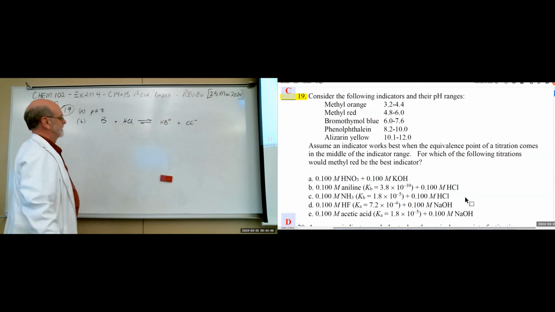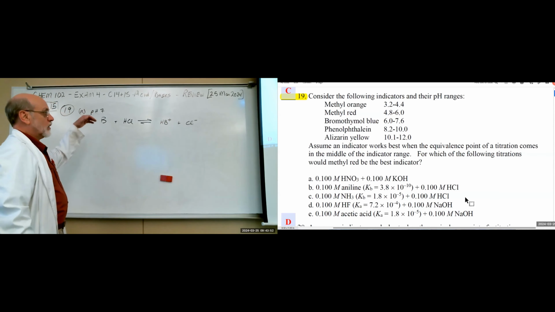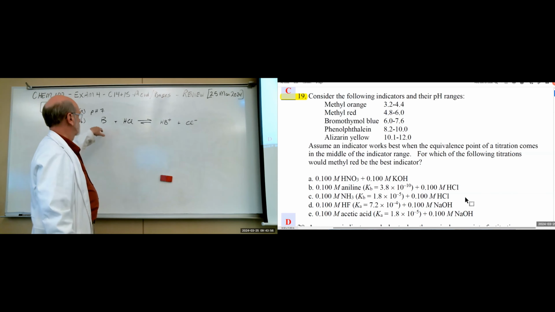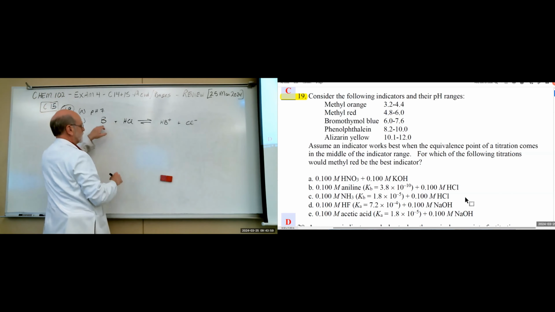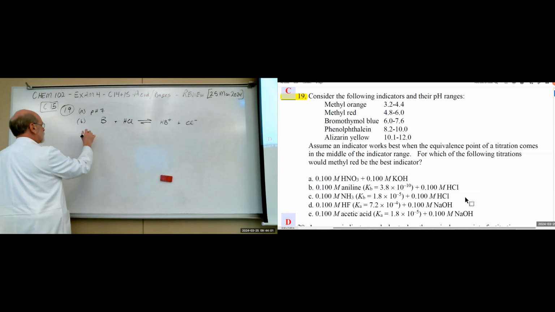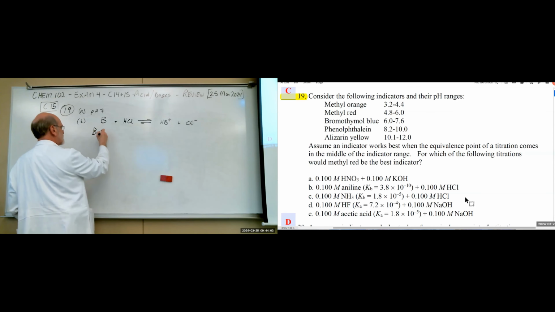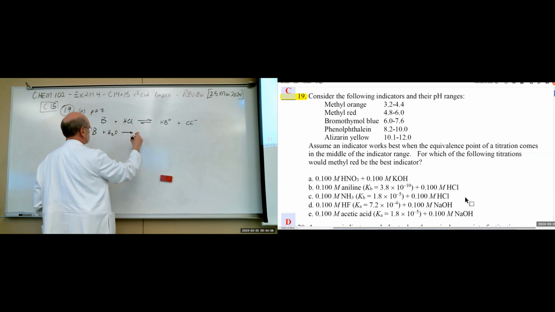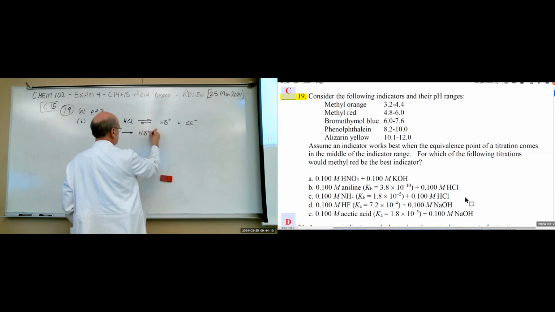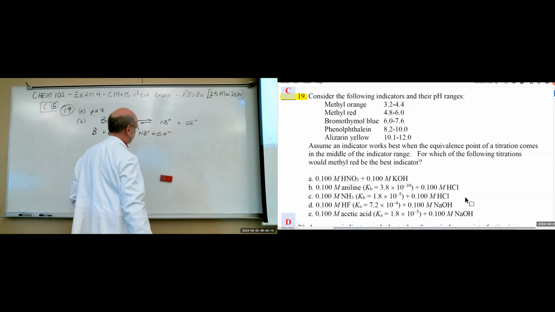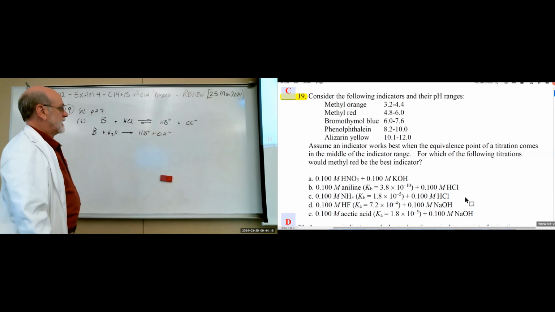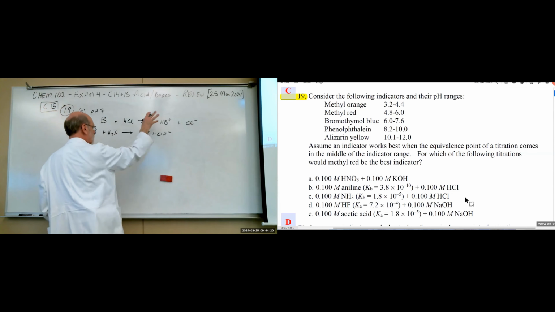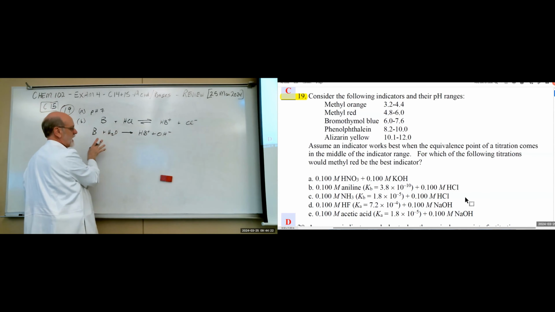Okay. So what we're looking at is the Kb for this one, which means what? Well, Kb says that B plus water yields HB plus plus OH minus. Okay. So when we reach equivalence, now we've got this possible reaction.